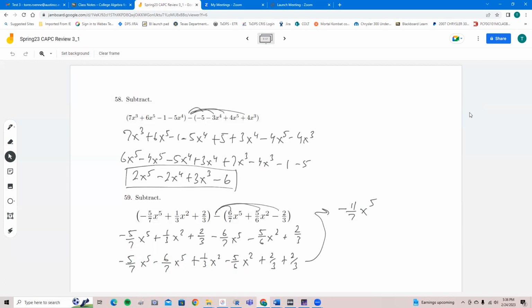And 2 sixths minus 5 sixths is, I really just think about it as 2 minus 5, which is negative 3 sixths x squared. And then 2/3 and 2/3 is 4/3. Right, but this 3 sixths reduces. So my actual final answer is negative 1/2 x squared plus 4/3.